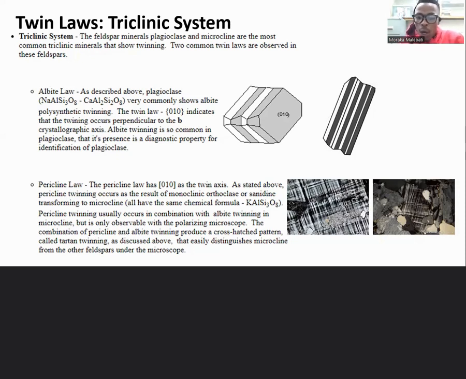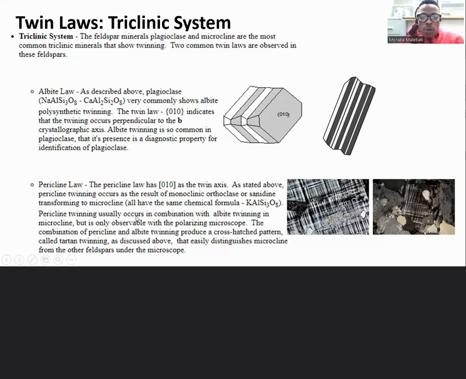or the pericline law. Pericline twinning occurs as the result of monoclinic orthoclase or sanidine transforming to microcline. During the transformation from orthoclase or sanidine to microcline, you are going to form this pericline twinning.